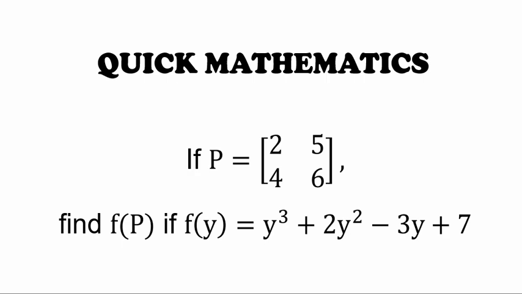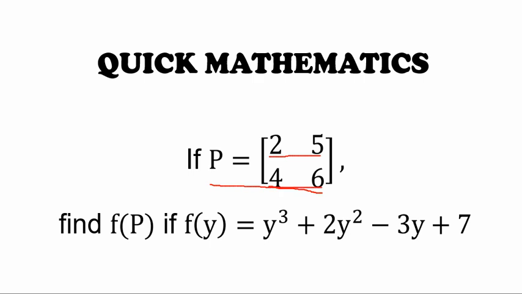We have a problem on matrix. This problem is made up of two things, powers and polynomial matrix. So we have matrix P equal to the entries in the matrix. The first row is 2 and 5, second row 4 and 6.